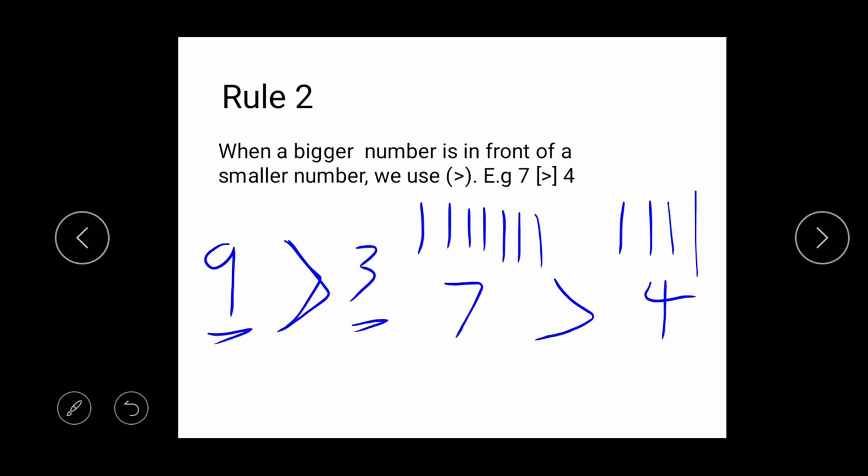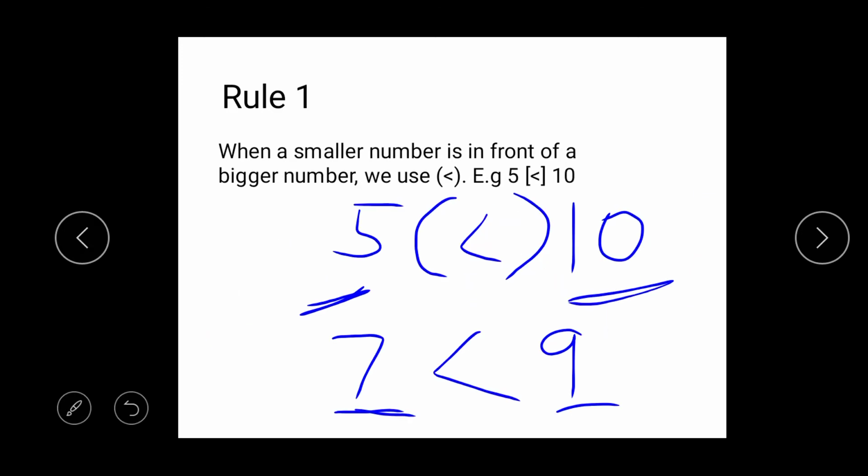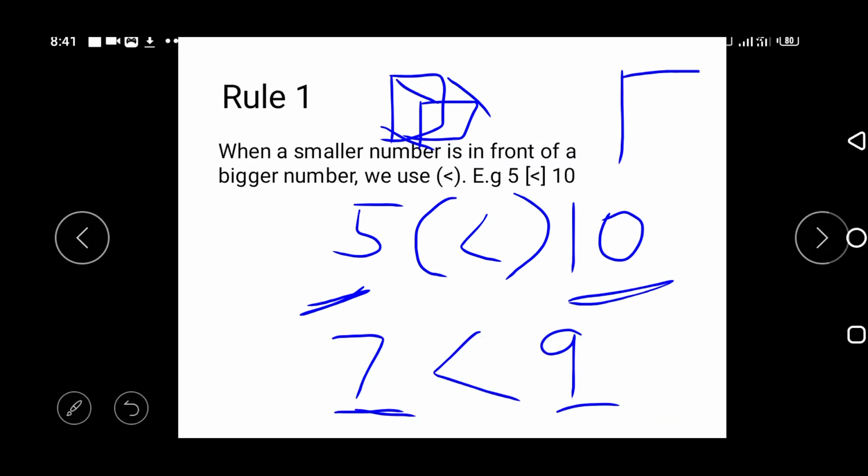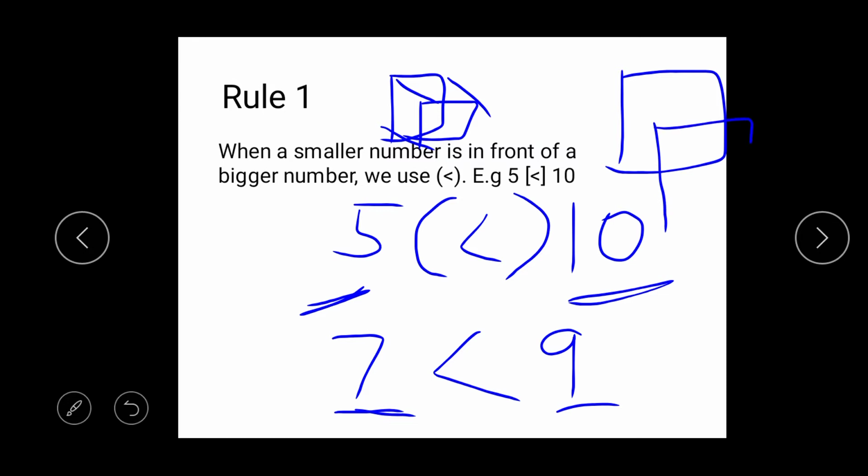So let's do a quick revision. Let's assume this is a box, and then we have another box here.